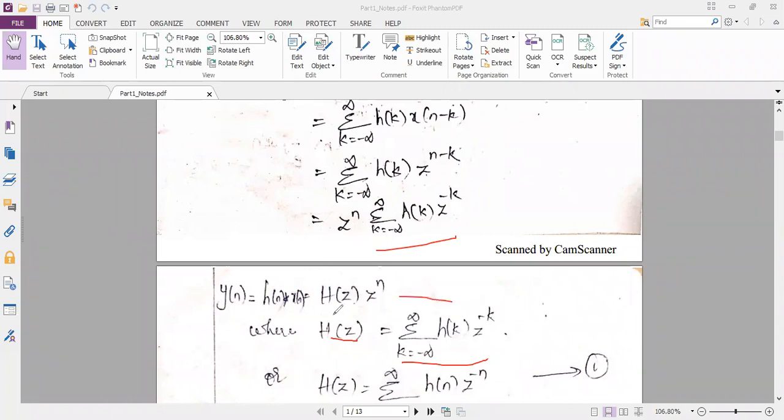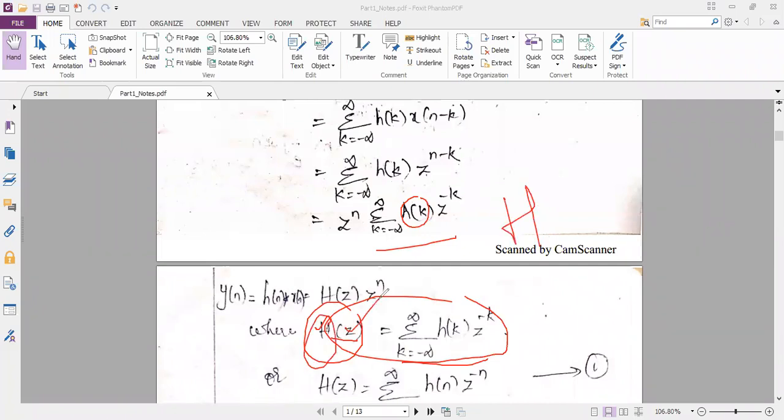So now if you see the left hand side, capital H of z, this says that it is the z transform of the input h of k. H of k is originally h of n. So H of z is nothing but the z transform of h of n. So always after taking transform, you should write with a capital variable. See here, capital H of z.